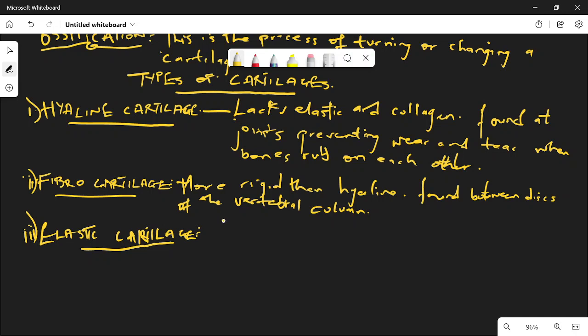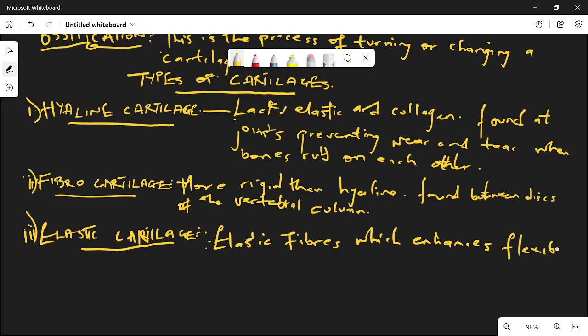This particular one has elastic fibers. That is where it got its name from. The elastic cartilage has elastic fibers, and it enhances flexibility.